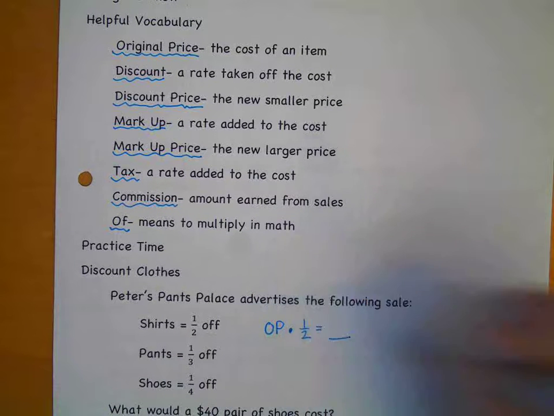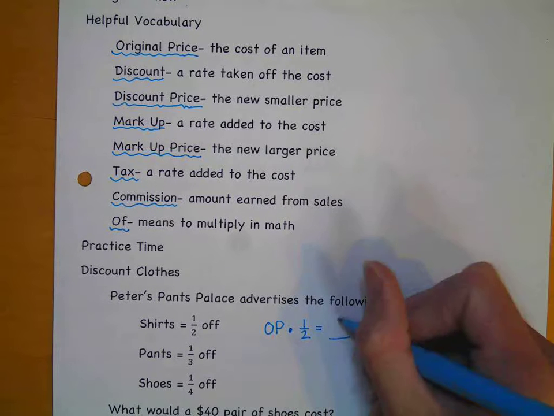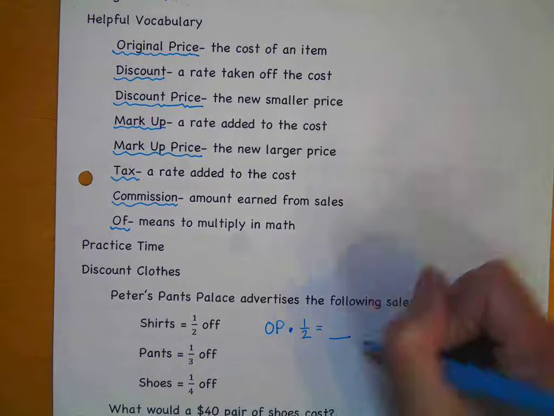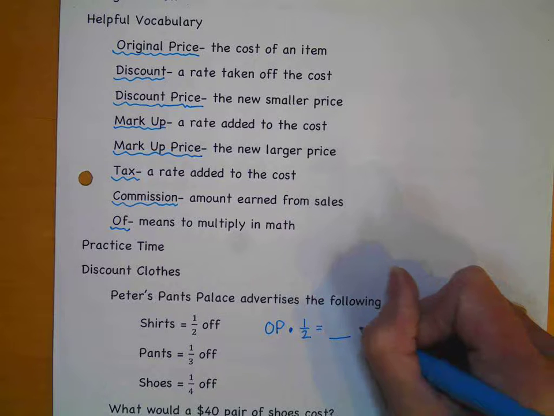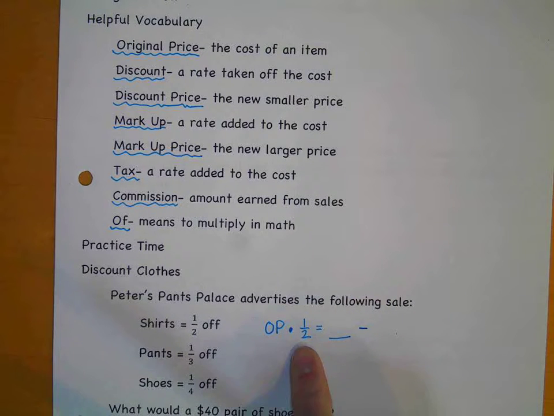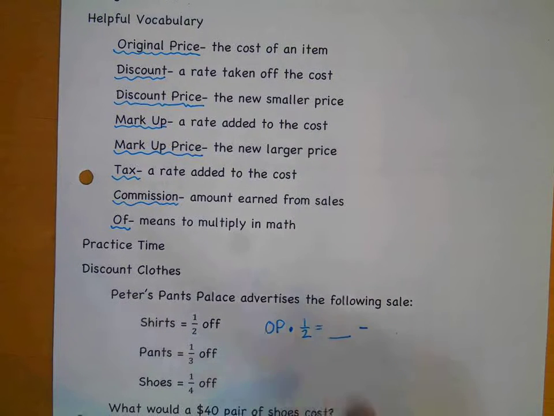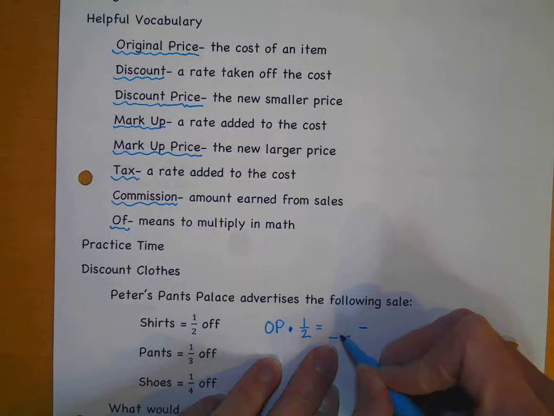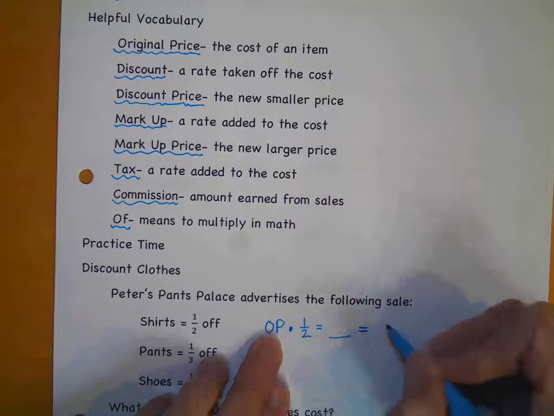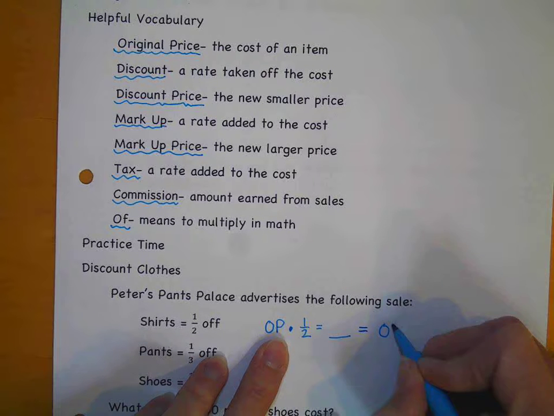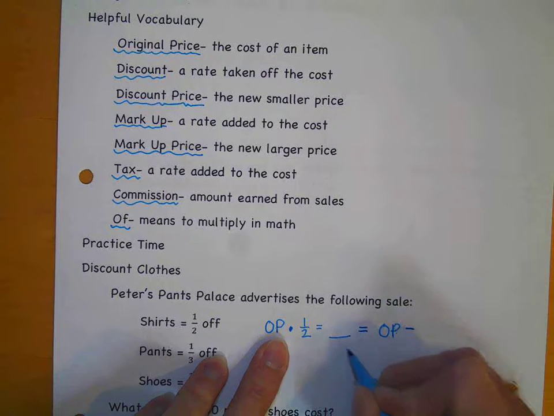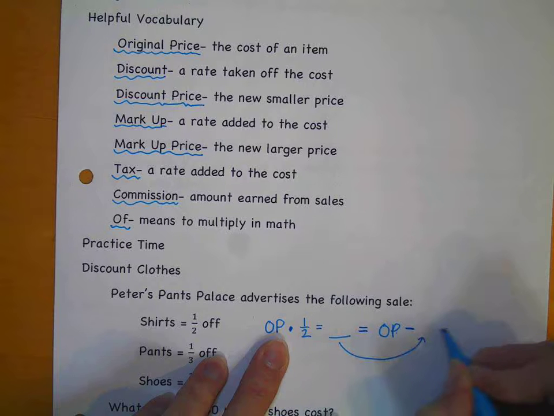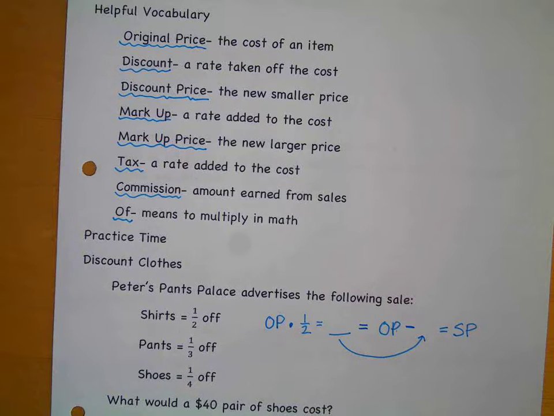Then you're going to take that answer that you get from multiplying it by 1/2, and this answer right here is then going to be subtracted from the original price. So you're going to take the original price and you're going to subtract this guy, and then that's going to be your sales price. Holy moly, that's confusing.